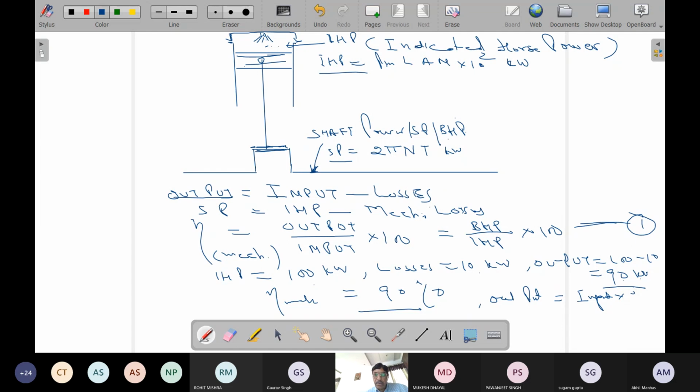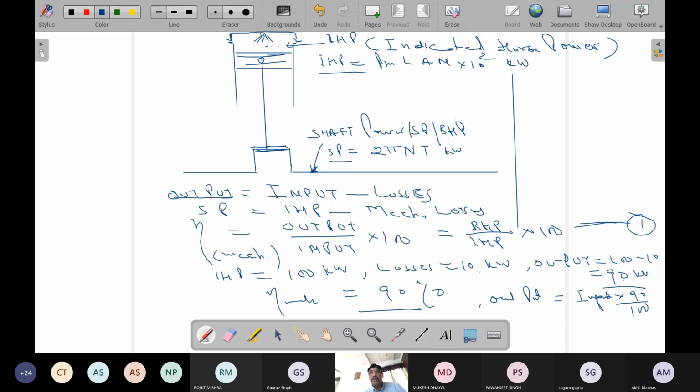So 90 by 100 from this equation. Now in numerical, let me just draw a line here. This is what we are discussing.